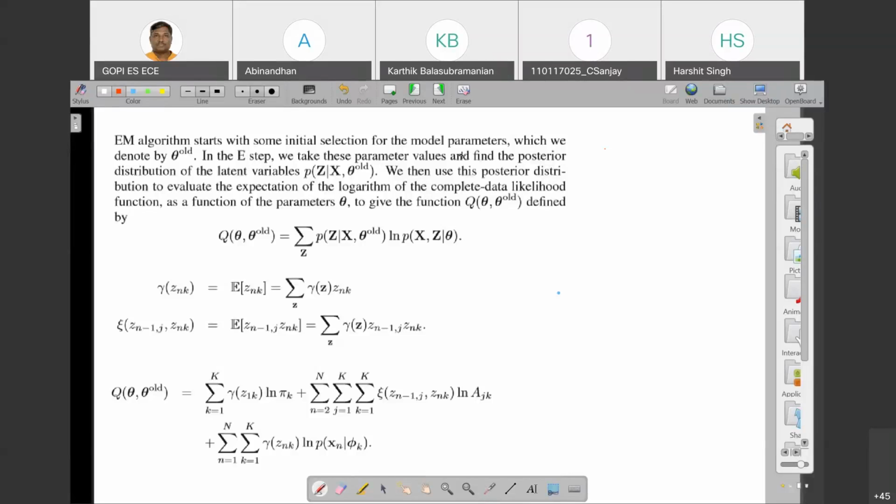So what we are discussing is the probabilistic model, in which we are discussing the hidden Markov model. The hidden Markov model is a sequential model.